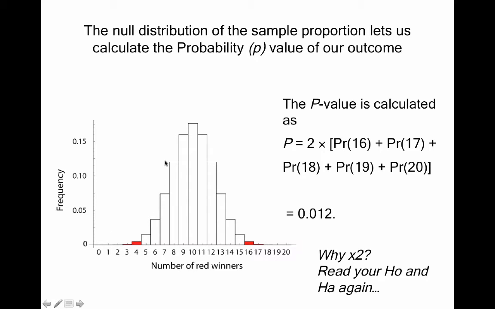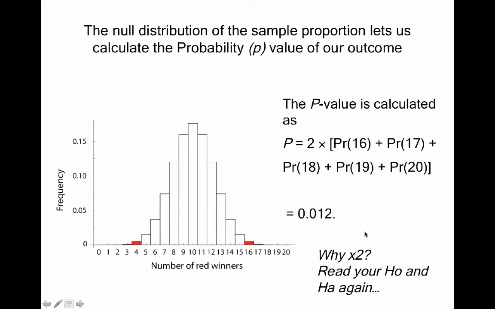This is the shape of the distribution we would get if there was no difference between red and blue rates of winning. Now the p-value we're going to calculate is going to tell us how likely it would be to get the proportion we got, or a more extreme proportion, on the assumption that the null hypothesis is true.